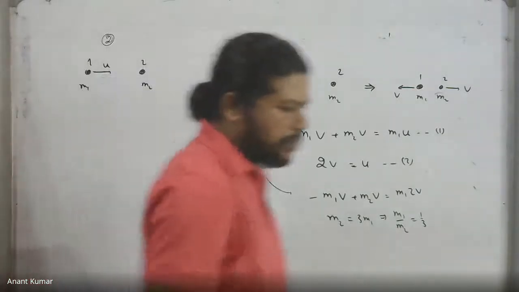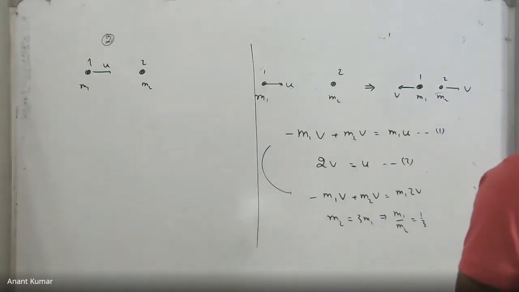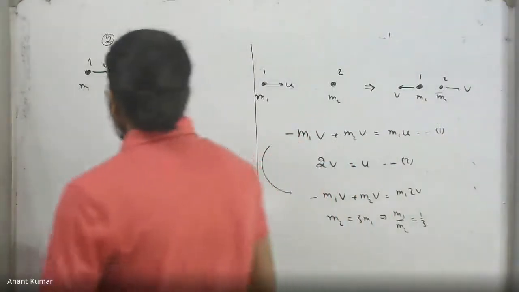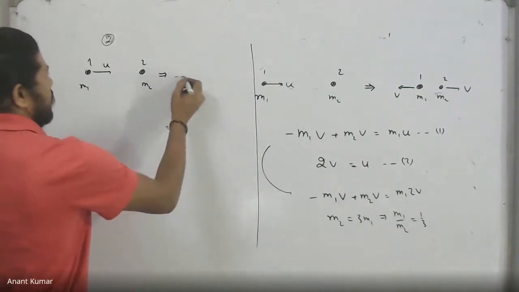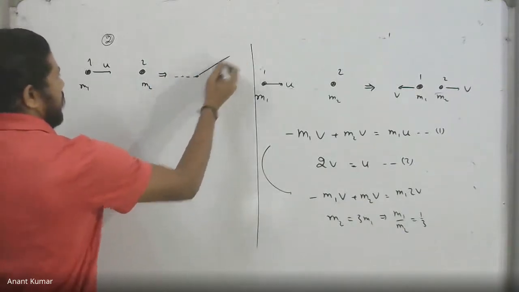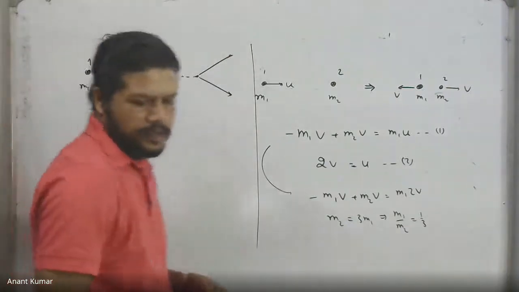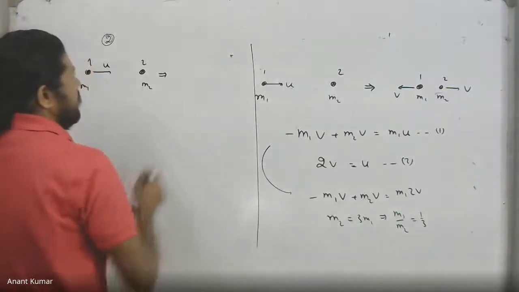But after the collision, they fly apart symmetrically relative to the initial motion direction, which implies that after the collision, 1 and 2 are moving in symmetrical directions. Not necessarily the same speed, but the directions are symmetrical.